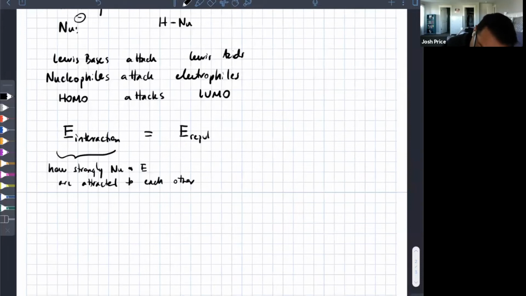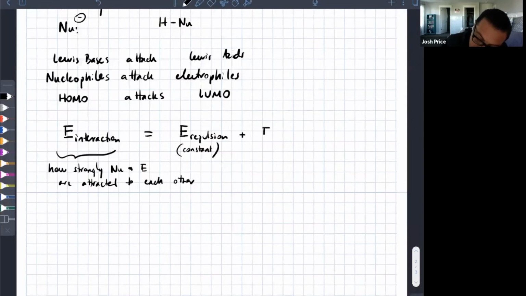First, you have to deal with the fact that even though one's a nucleophile and the other's an electrophile, each has a ton of core electrons that will repel each other. So this is sort of a constant term that doesn't change a lot. You just have to be aware of it. Two atoms or two molecules approaching each other are always going to experience some electron-electron repulsion. This is like the Coulombic repulsion term in the Hamiltonian operator.